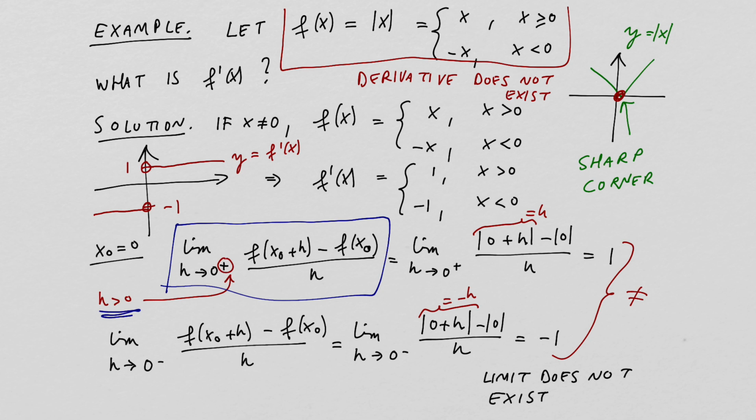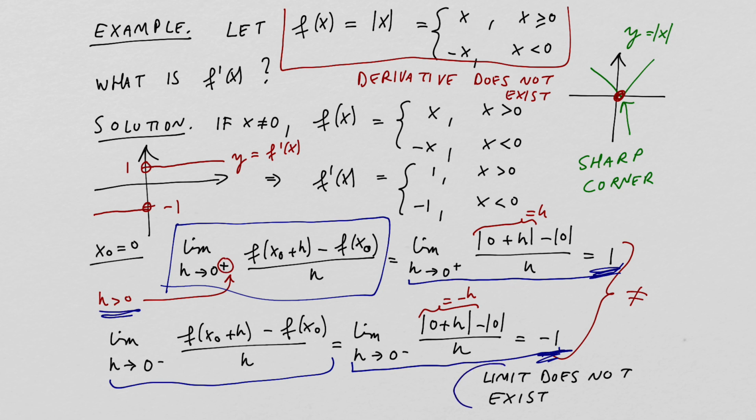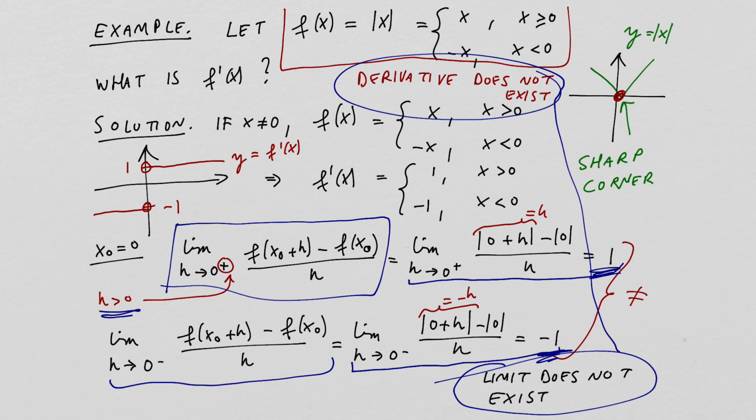We would get that this one-sided limit is 1. On the other hand, this one-sided limit, h goes to 0 from the negative side, would give the one-sided limit minus 1. Because these one-sided limits are not equal, the limit does not exist. Limit does not exist, so the derivative of the function does not exist.